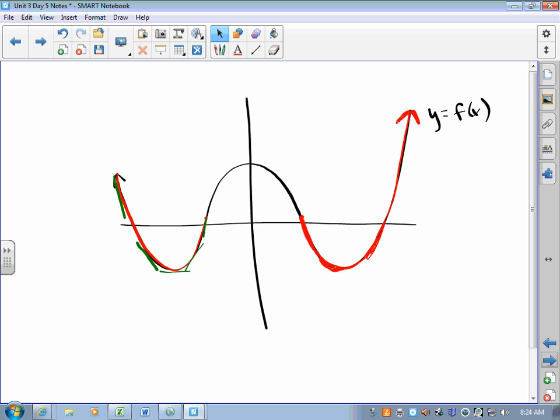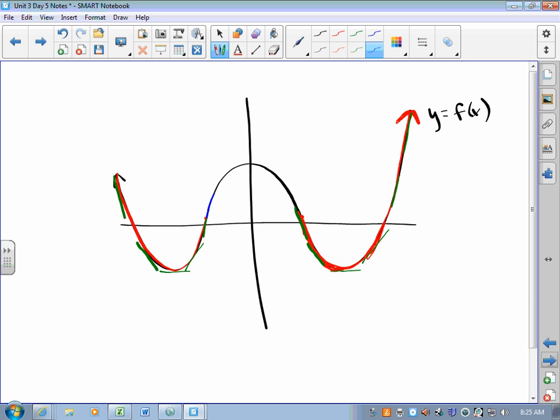The derivative values are increasing. And since the derivative values are increasing, the function itself is concave up. Similarly, large negative, small negative, 0, small positive, medium positive, large positive. Those slopes are all increasing from left to right. And so since y prime is increasing, y is concave up.